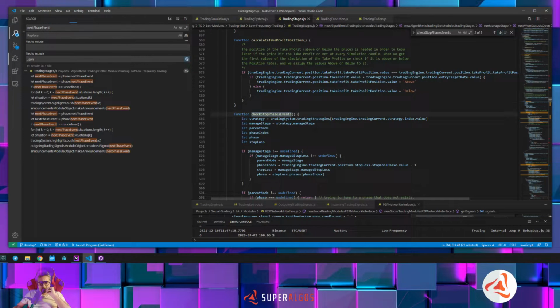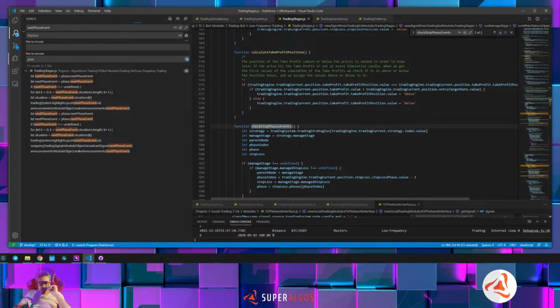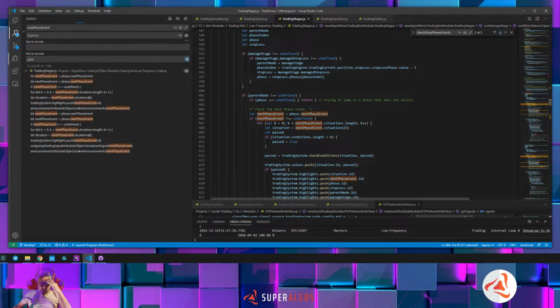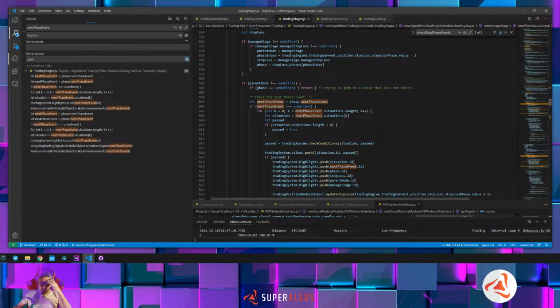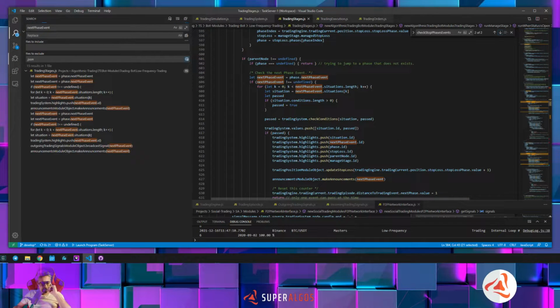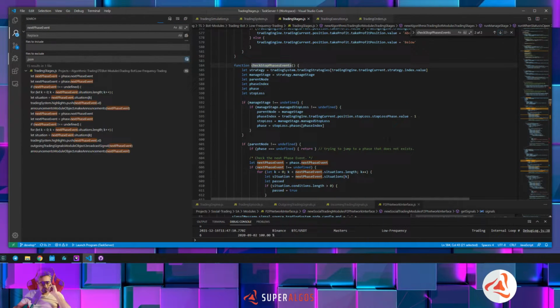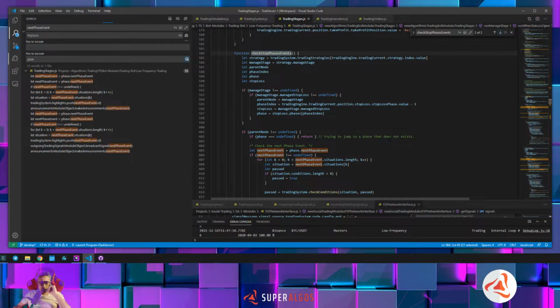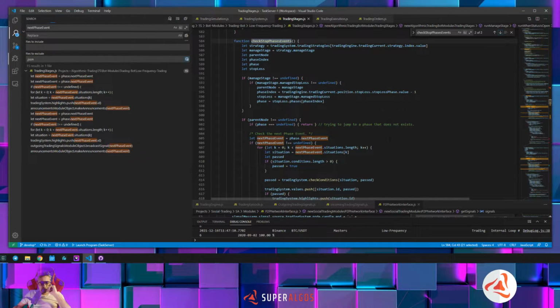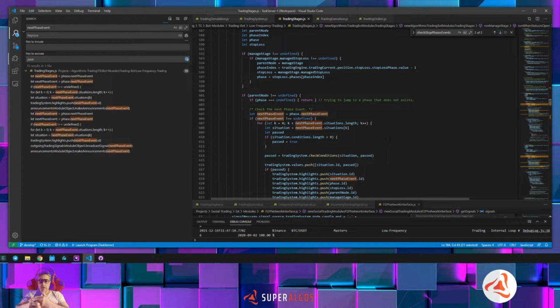So we are inside of the check stop. I don't really understand what is going on here. Okay, now I understand. Now I understand.